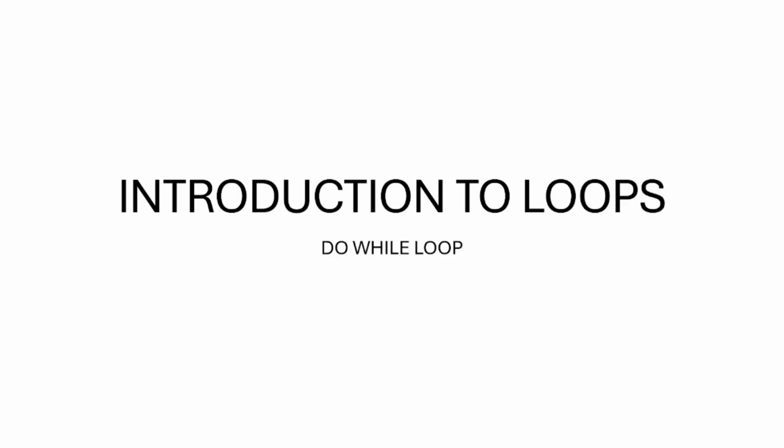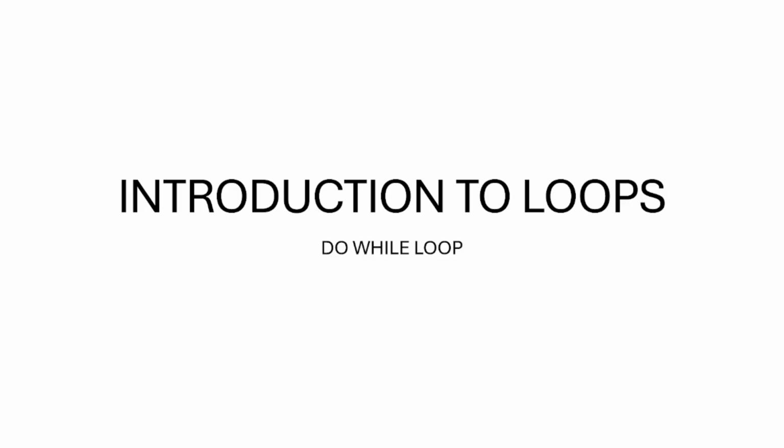But inside the do while loop, we have to execute a statement for the first time before we check the condition. So this makes a do while loop a post-test loop. We execute the statement before we check for an expression or a condition.